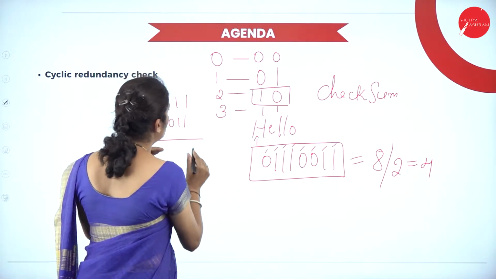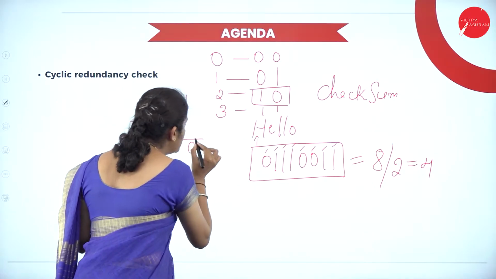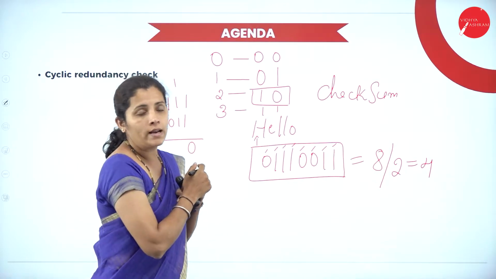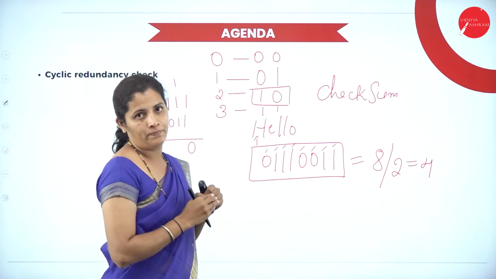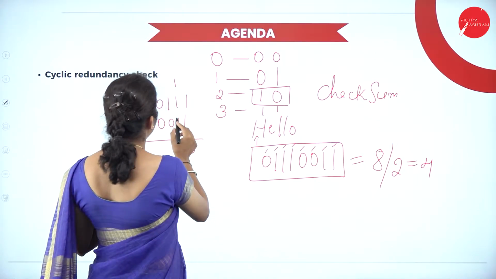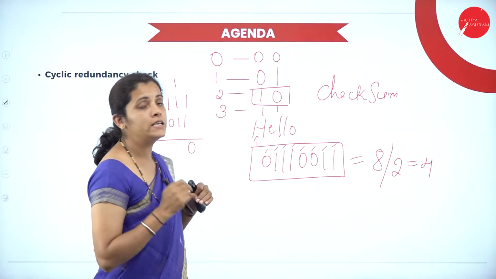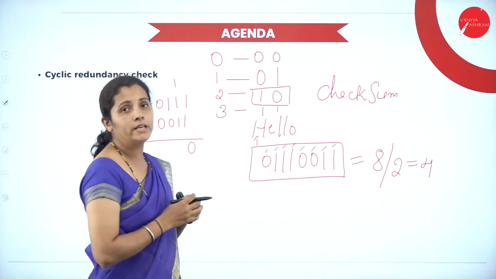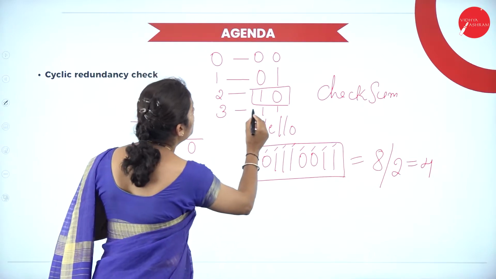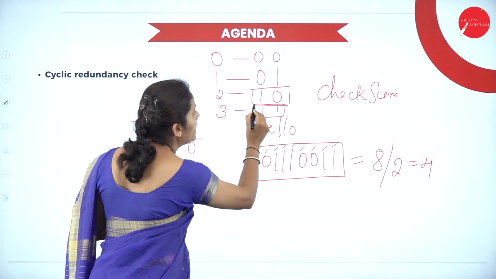So what will I do? I am going to place 0, then I am going to place 1, that is the carry for my next bit. Now I have 3 ones. Number 3 is written as 1 and 1.